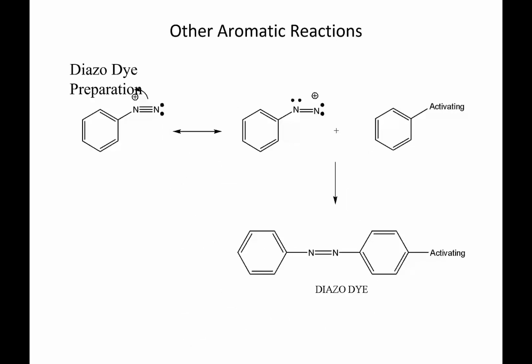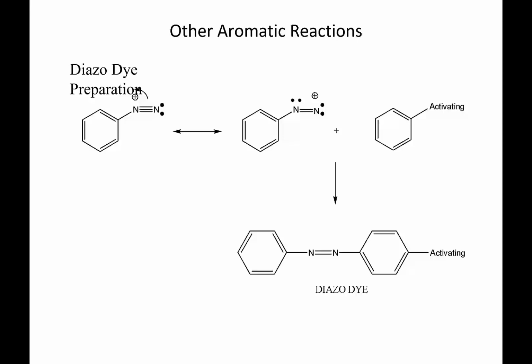And I'll just end it here with the reason that this diazonium salt actually became kind of important. If you prepare the aniline and you make the diazonium salt, there's two resonance structures for the diazonium salt. One where the N plus is on the inside and one where the N plus is on the outside.